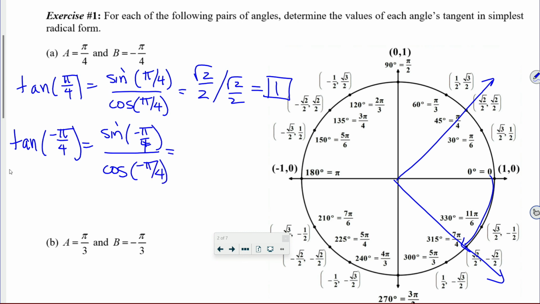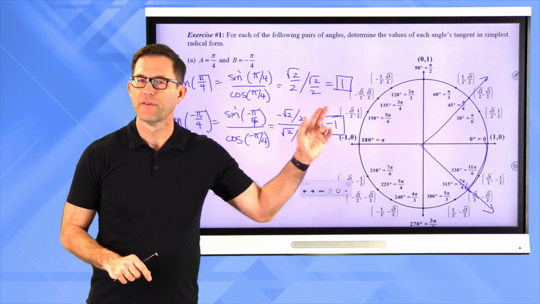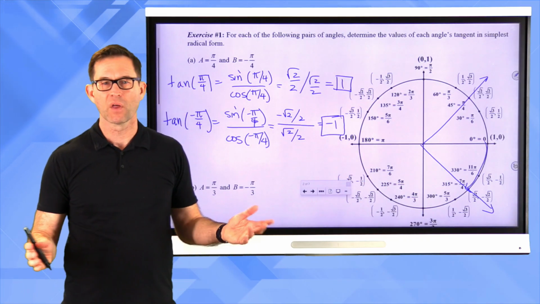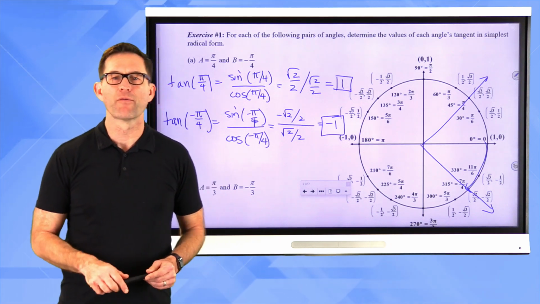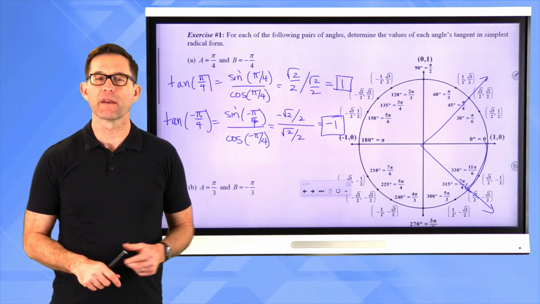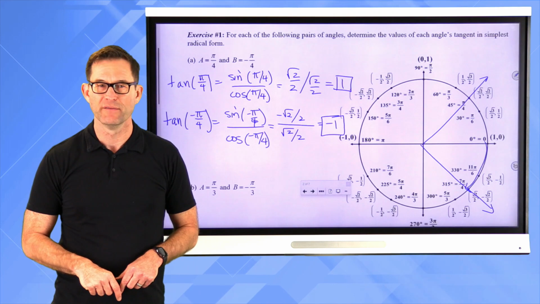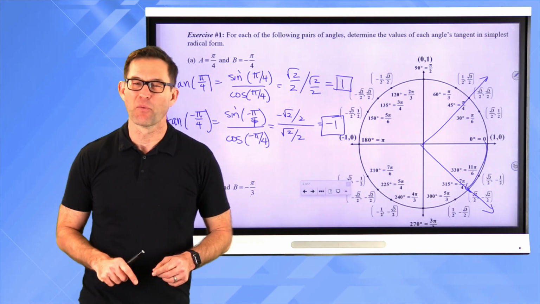And that's then going to be negative root 2 over 2 divided by positive root 2 over 2. And that's going to be negative 1. And again, I think you can probably get a good sense for that slope being negative 1. Okay, great. So the tangent of pi over 4 is 1, and the tangent of negative pi over 4 is negative 1. And now we're going to get into some of the more messy ones.